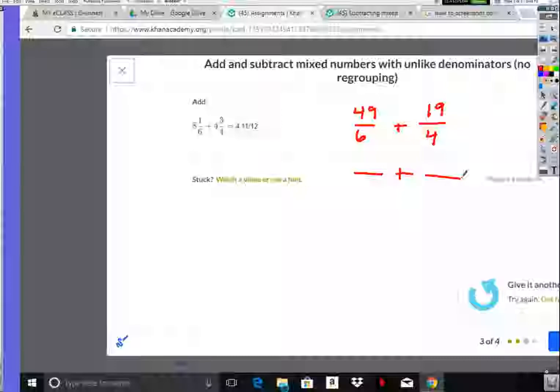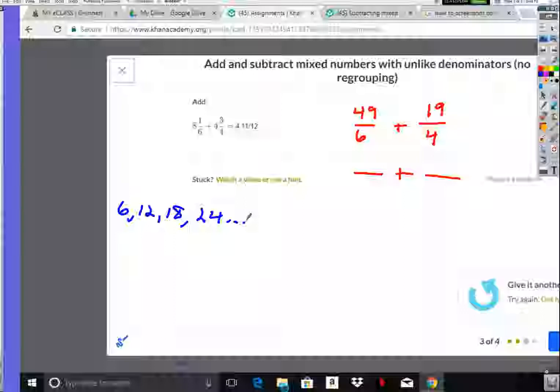Least common denominator, if you looked at the notes and my videos, is the same thing as saying least common multiple. So if we were to count by sixes, 6, 12, 18, 24, and so on, those are called multiples: 6 times 1, 6 times 2, 6 times 3, 6 times 4, 6 times 5.